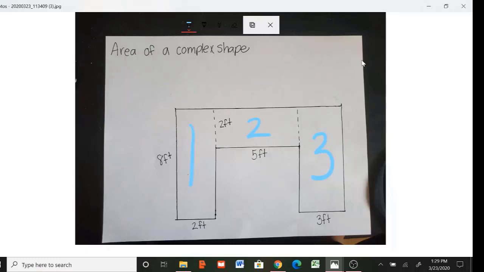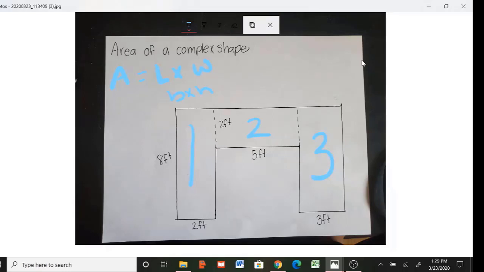What I need to do is I need to find the area of each of those shapes. Since they're all rectangles, I'm going to use the same formula the whole time. So remember that finding the area of a rectangle is length times width. Also, we could do base times height. Okay, and we have our base times our height.